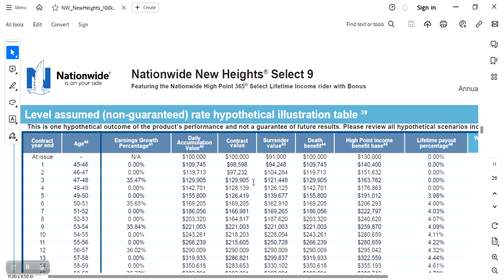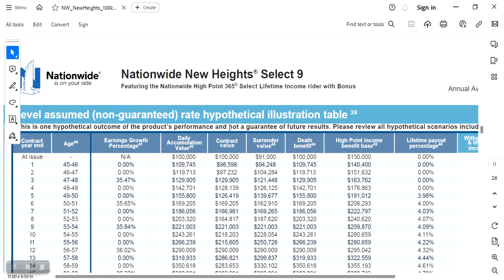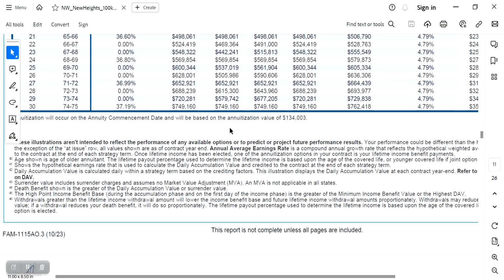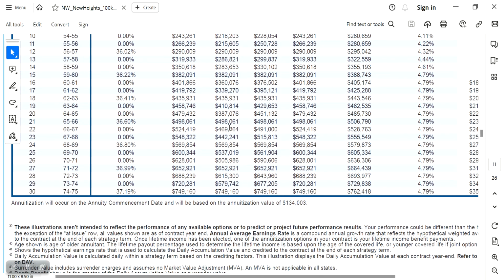Okay, yeah, level assumed is pretty much the same as the first and second tables, which is not controlling anything. So 10.88 you believe is more realistic, again not guaranteed. Okay, got it. And yeah, I asked a previous person why you restrict this table to only 30 years, because I want to see the next number as well.